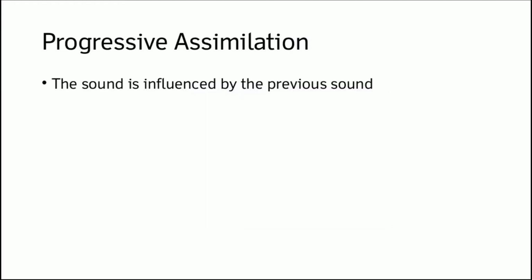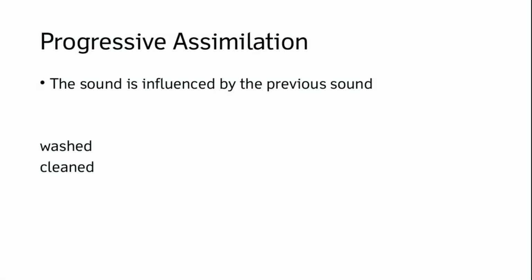In progressive assimilation, as you can see, the definition of progressive assimilation is that the sound is influenced by the previous sound. For example, I will show you these two words, washed and cleaned. Both of these two words end in the same letter, which is the letter d.